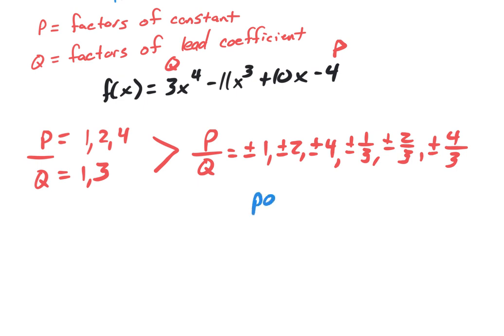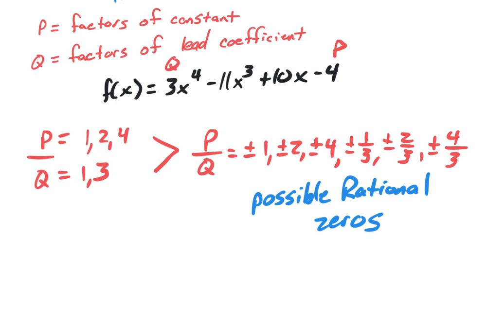The reason we call this the rational zero theorem is that these are the possible rational zeros of this polynomial. These are the things that could be zeros.